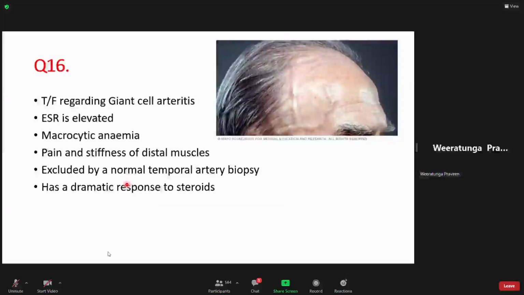And there is very significant tenderness over the temporal arteries.